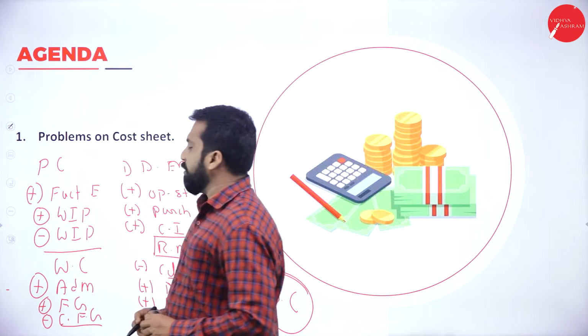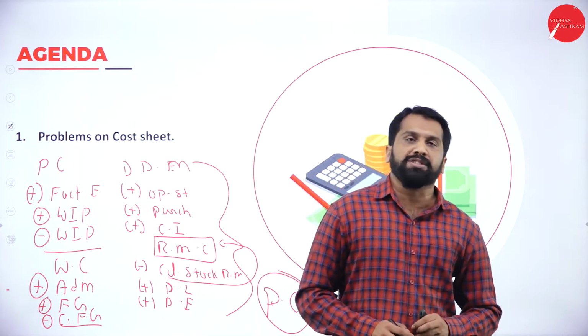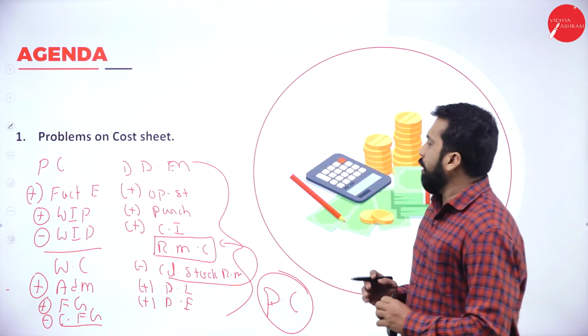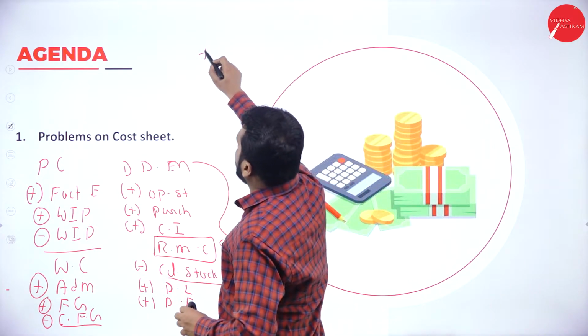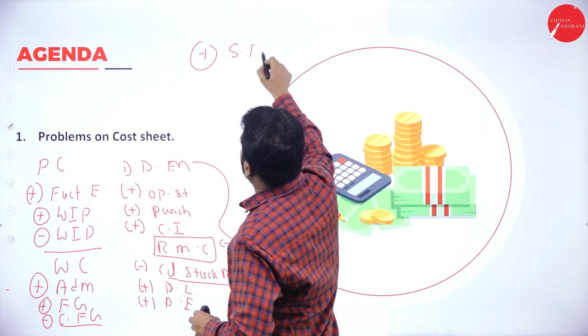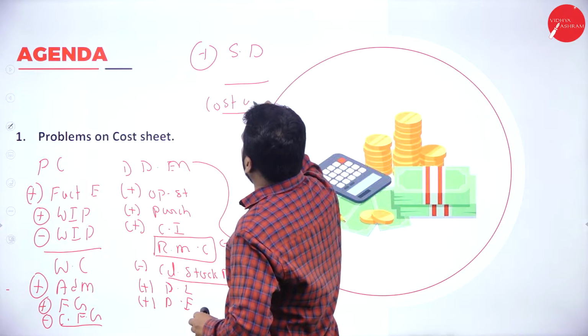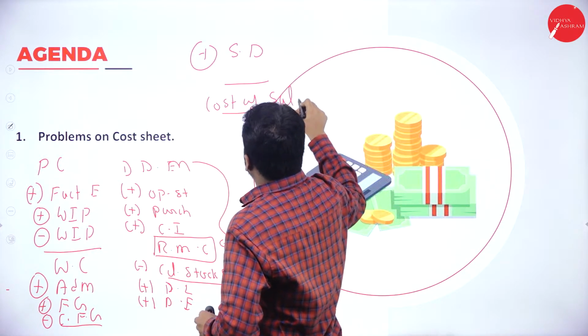If you do everything, you will get cost of production. Clear? After that, add all the selling and distribution expenses. Finally, you will get cost of sales.